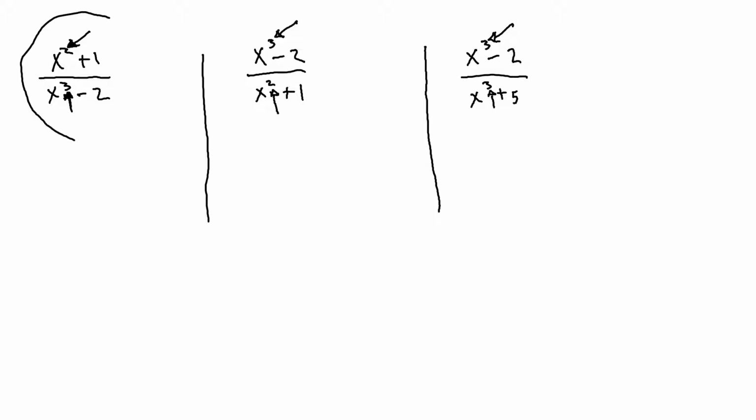Let's say we took the first one and we wanted to know the end behavior. Basically, we are trying to figure out what happens as x goes to infinity or as x goes to negative infinity. Well, think about it. If we were to put, let's say, 1,000,000 here, and we squared 1,000,000, we get a very large number.